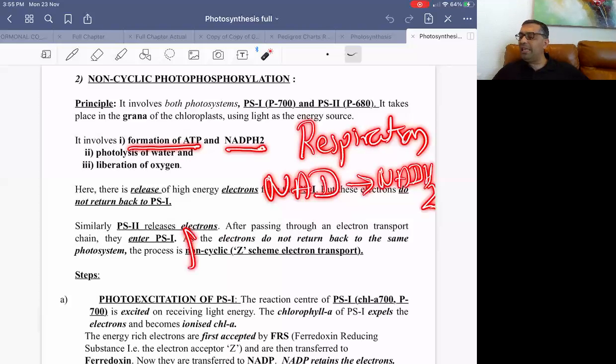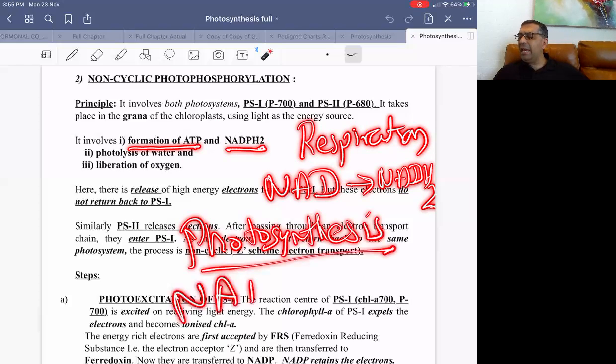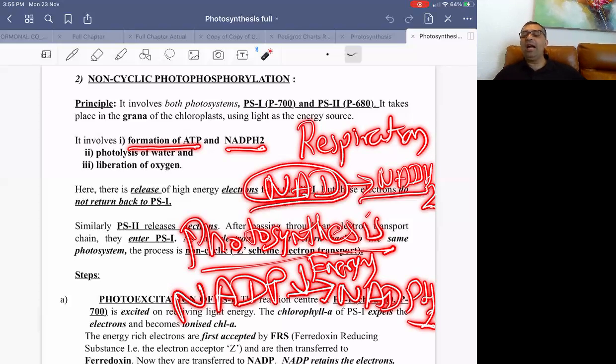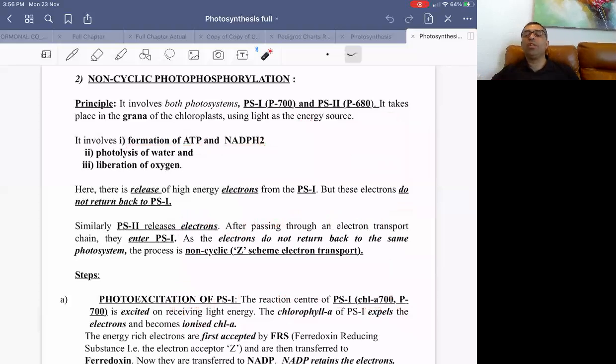In photosynthesis, NADP becomes energy-rich NADPH2.